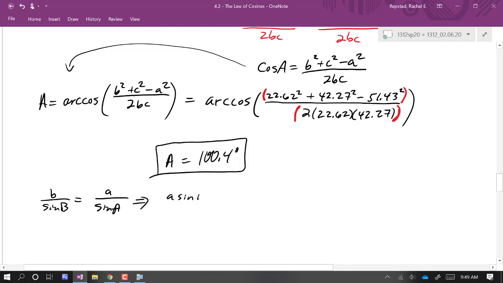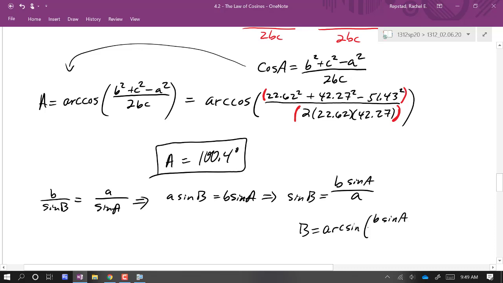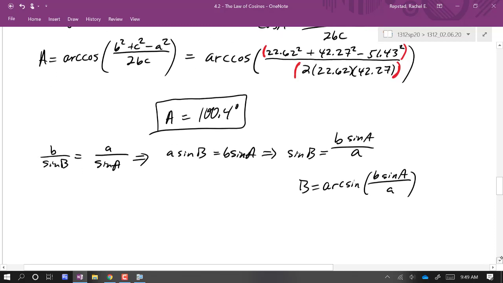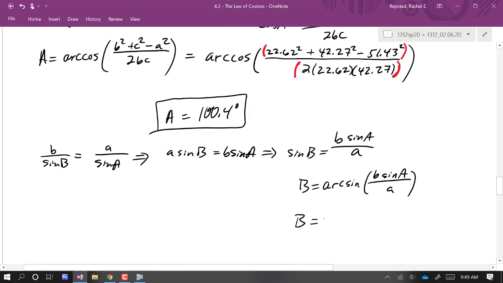So a sine B is b sine A. That means that sine B is b sine A over a, or B is arcsine of that. Arcsine of b, side b was 22.62 times sine of 100.4 degrees over side a, which is 51.43.